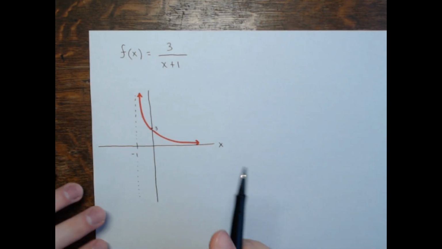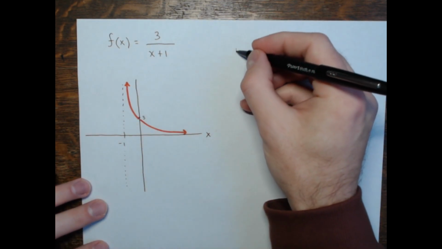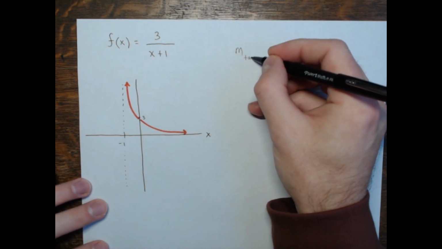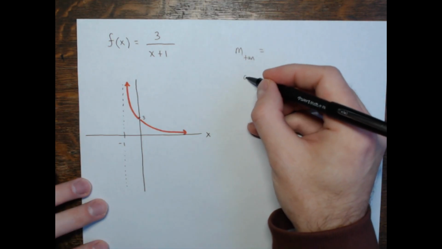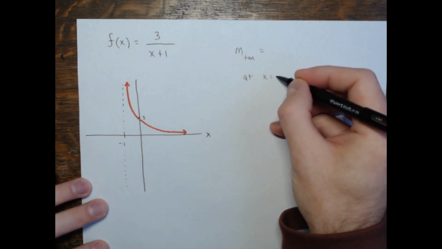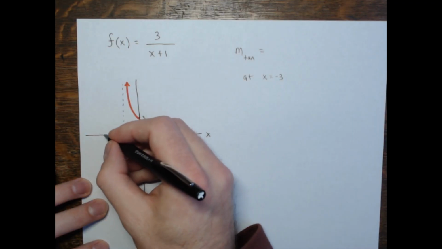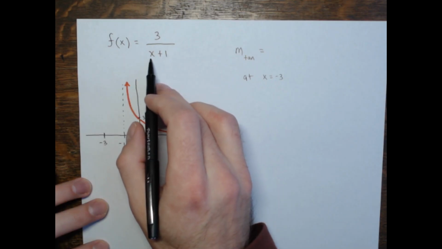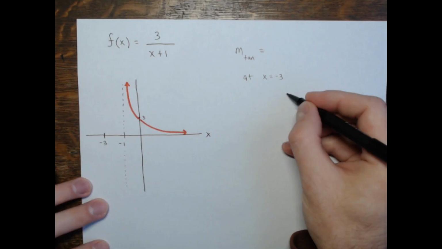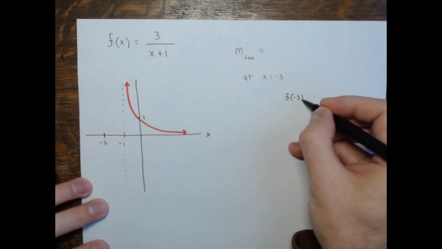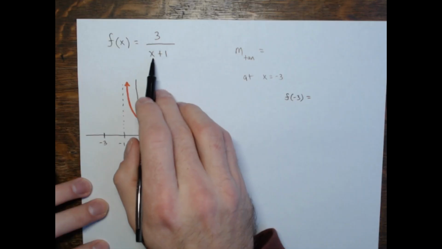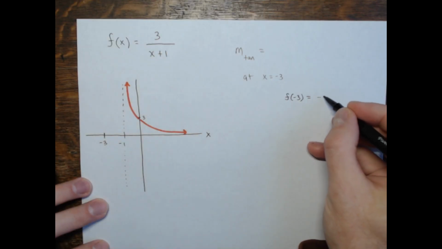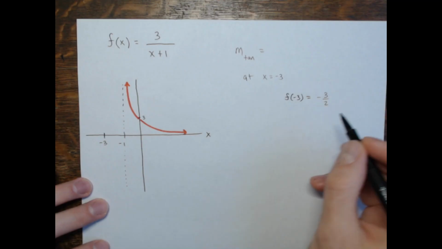Now, the value we're concerned with: they said find the slope of the tangent line at x equals -3. So I'm going over here. Here's -3. If x were -3, f of -3 would be 3 divided by -2, so -3/2, -1.5.